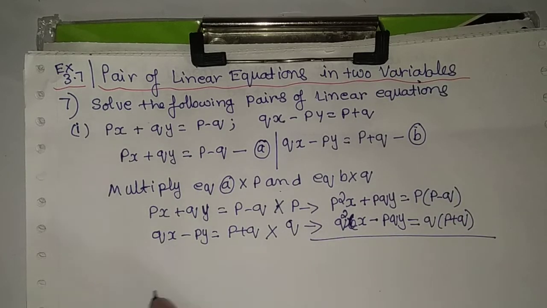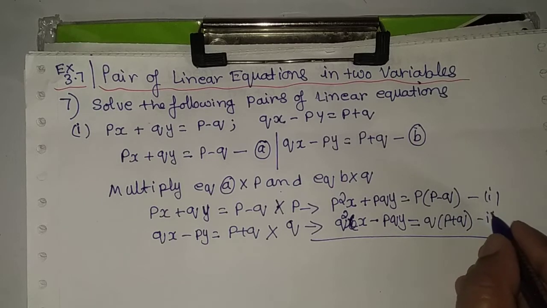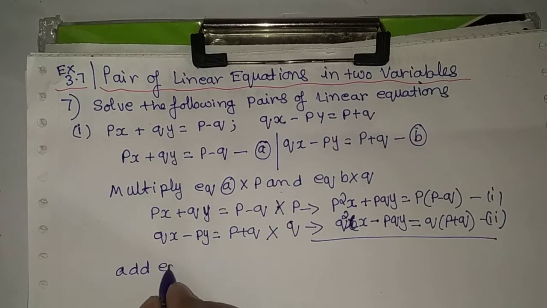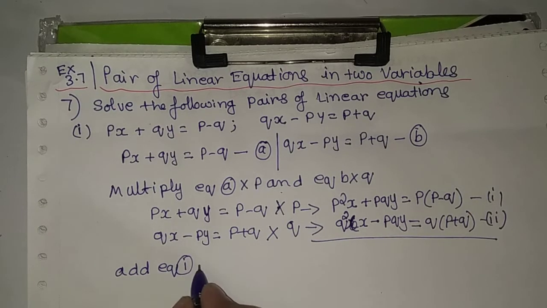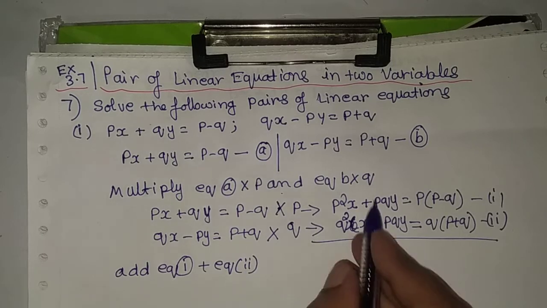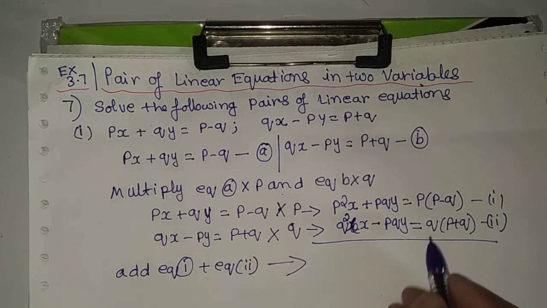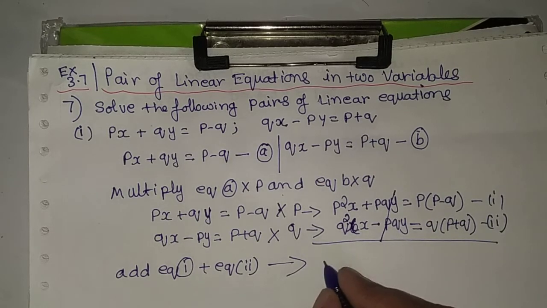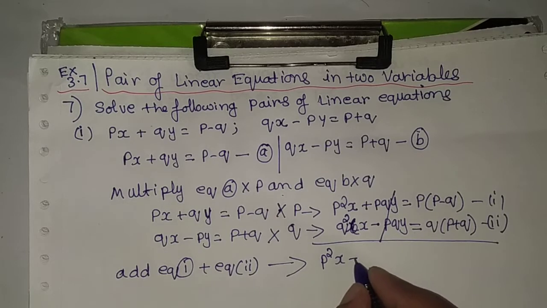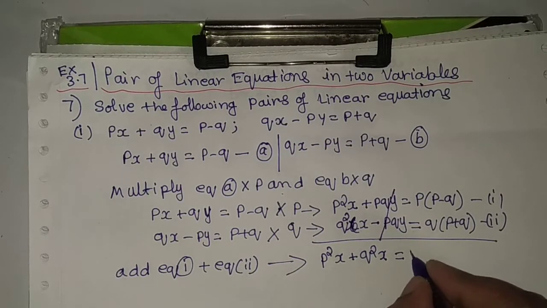Now next step, keep this as equation 1 and this one as 2. Now we have to add equation 1 plus equation 2. So adding these two, these two cancel, then we get P²x + Q²x = P(P - Q) + Q(P + Q).